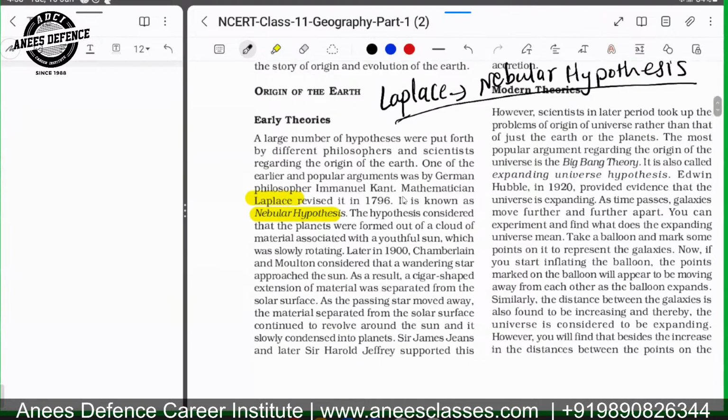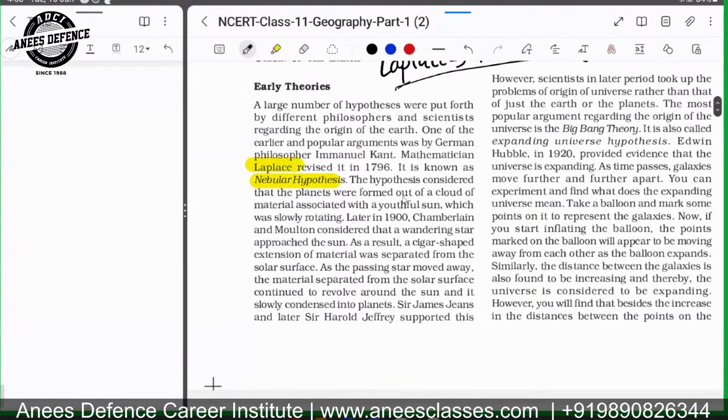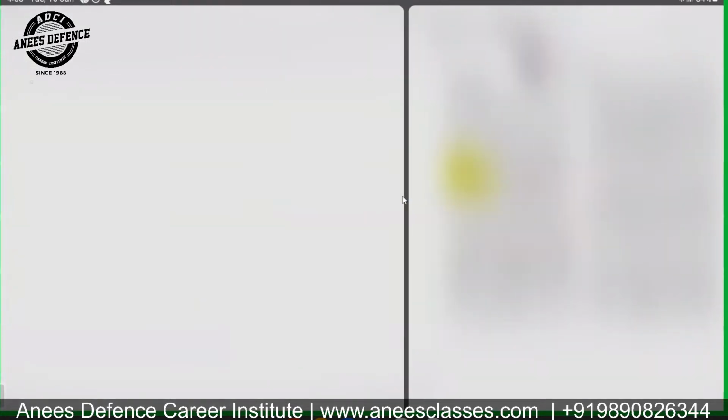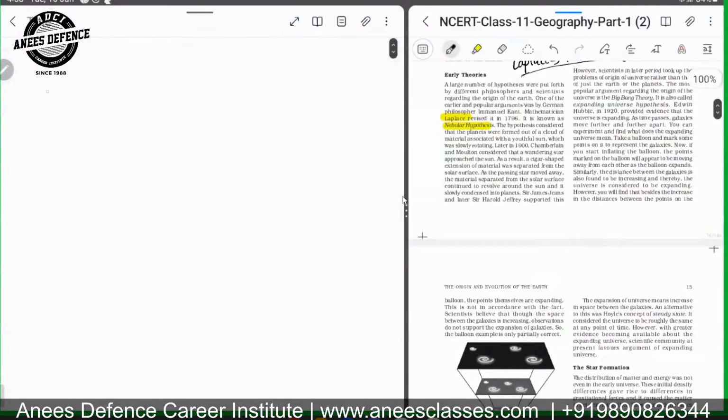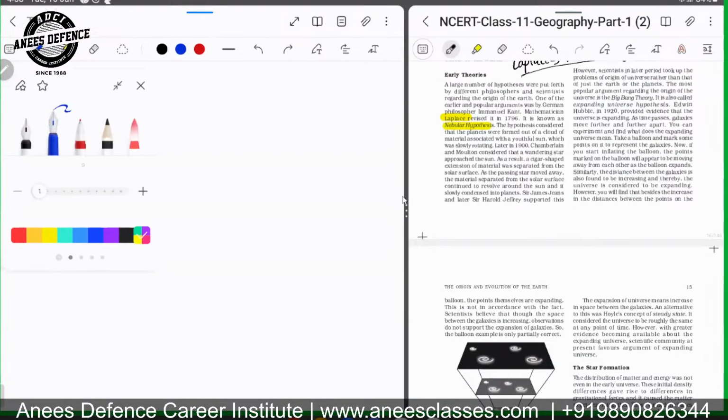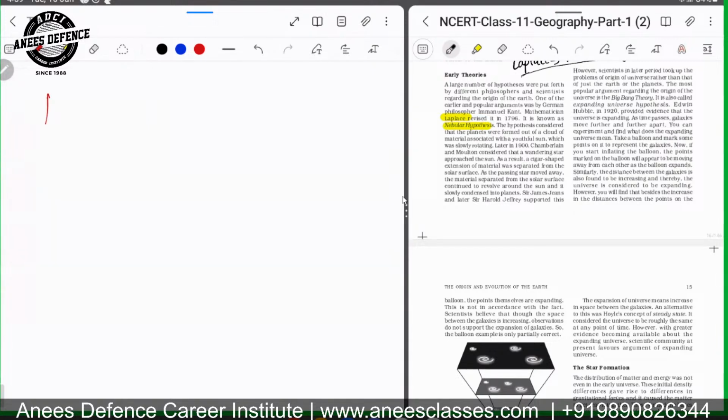You should write it down in your notebook. The hypothesis considered that the planets were formed out of the clouds of material associated with the sun. The nebular hypothesis was given by Laplace.